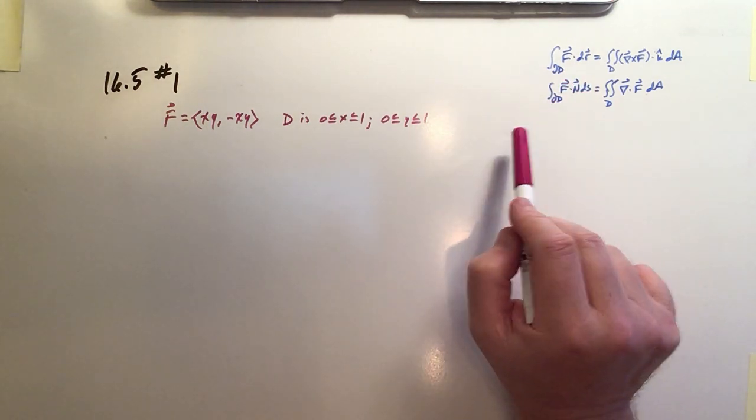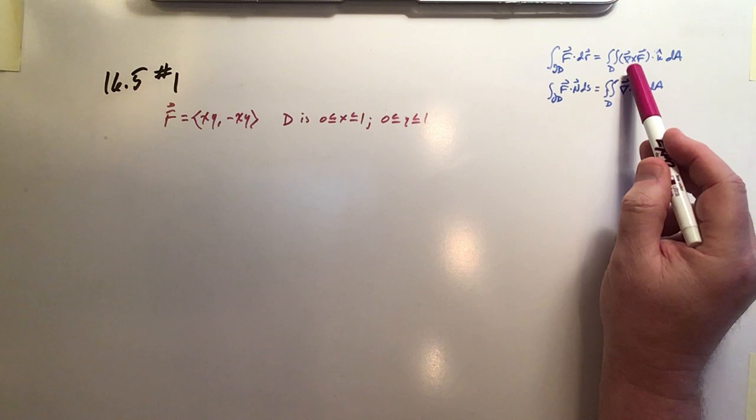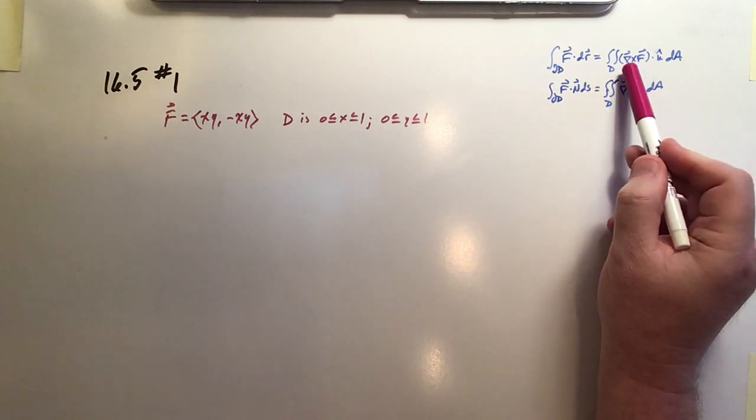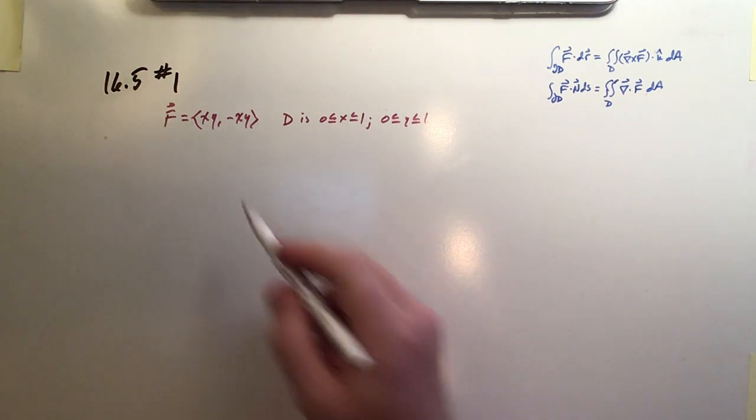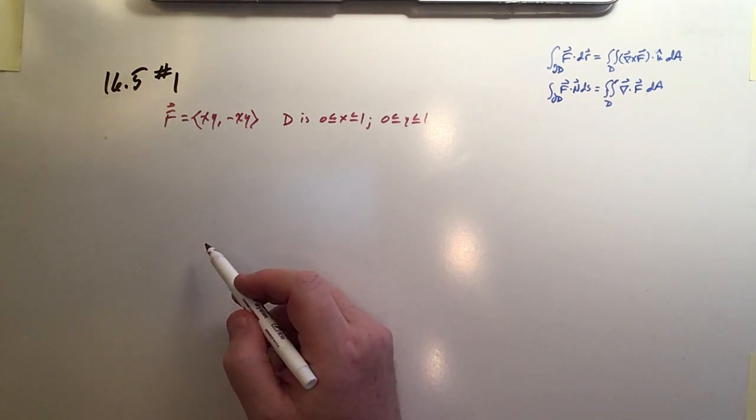And so what I need to do is first, to evaluate the first integral, I want to evaluate the curl and dot that with k hat. So to evaluate the curl here is pretty easy.